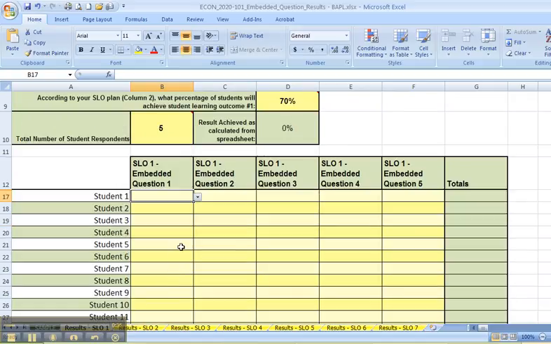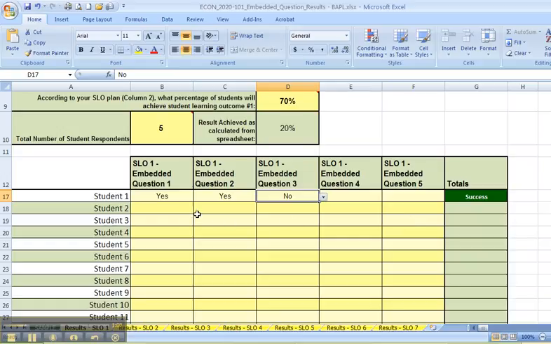For student number 1, they answered 2 questions correctly, and I'm clicking in the box, and then I'm using the drop down to answer yes, and they answered the 3rd question wrong, so I'm going to say no. I want to point out that over here on the right-hand side, the system has determined that this student can be counted as a success because they met the requirement of answering 2 out of 3 questions.